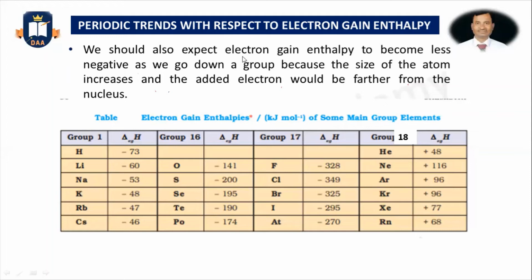We should also expect electron gain enthalpy to become less negative as you go down a group. Consider group number 1: from up to down, electron gain enthalpy becomes less negative, because the size of the atom increases.